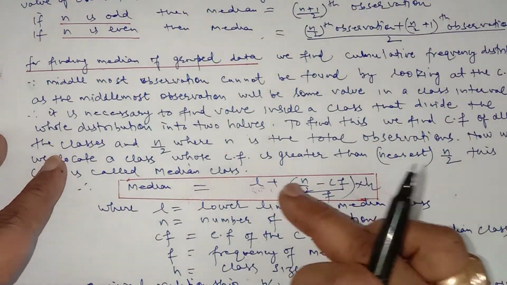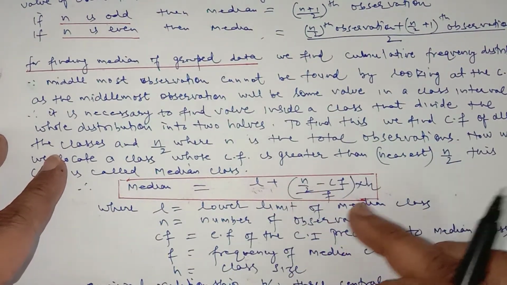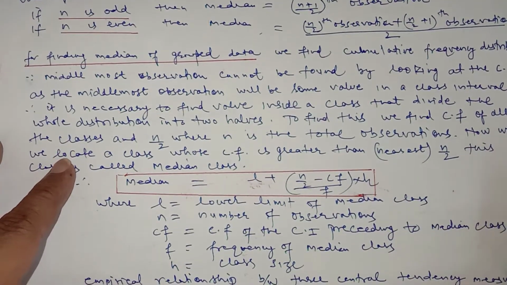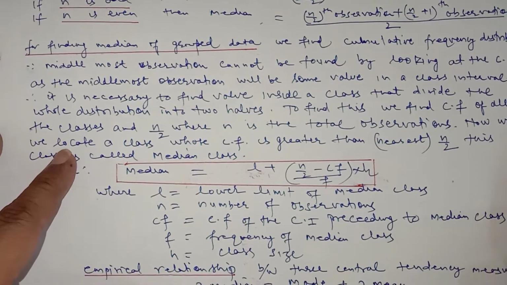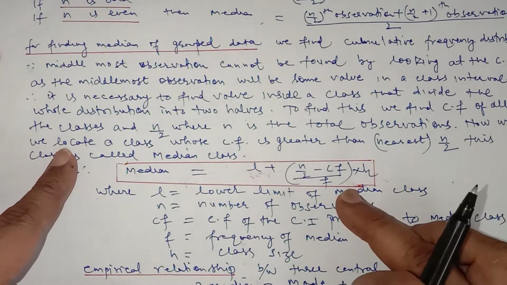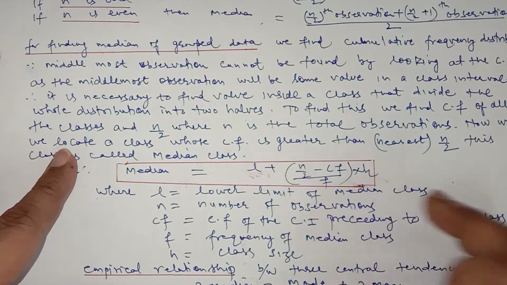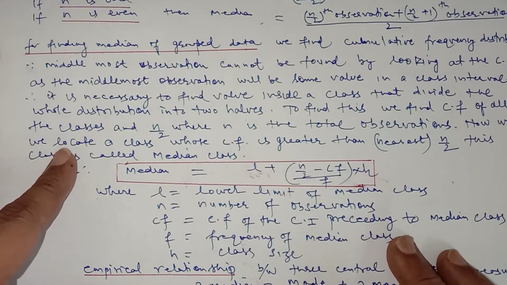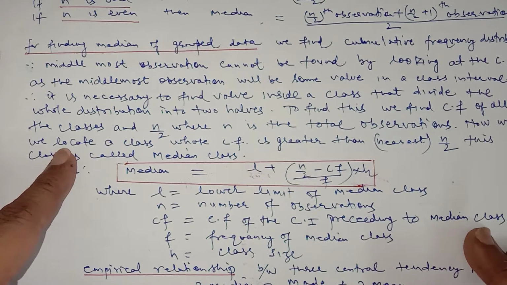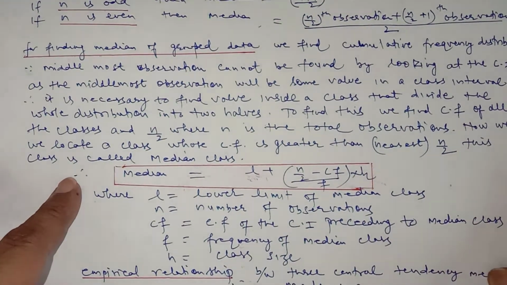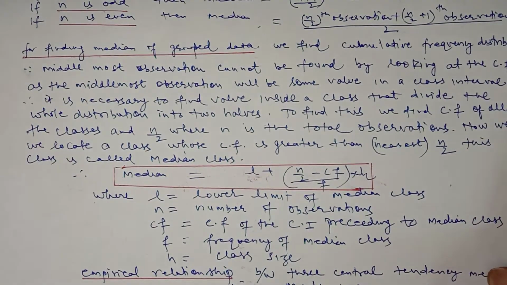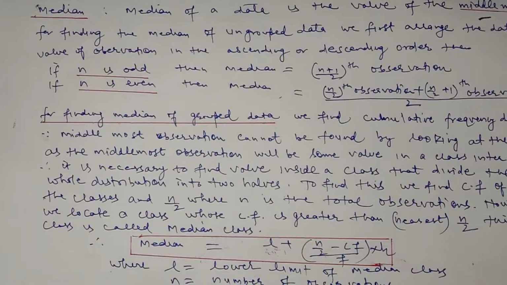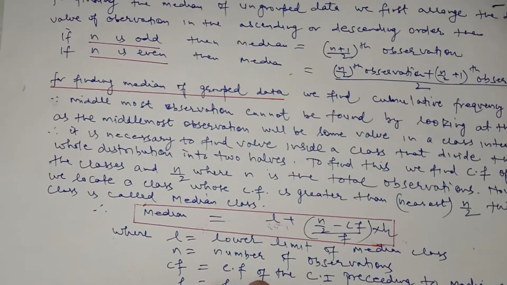Then you have to find L, CF, f and h, where f is the frequency of the median class, h is the class size, and CF is the cumulative frequency of the class interval preceding the median class.